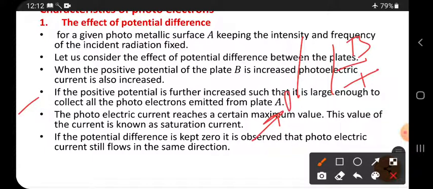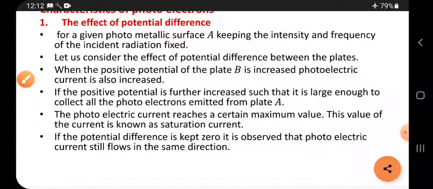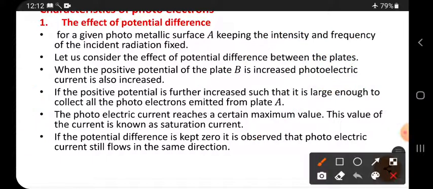Then the electrons which are coming from the A plate, it starts collecting all the electrons and it shows a maximum current, the maximum photocurrent. The photoelectric current reaches a certain maximum value. This value of current is known as saturation current. The maximum value of current is called saturation current.